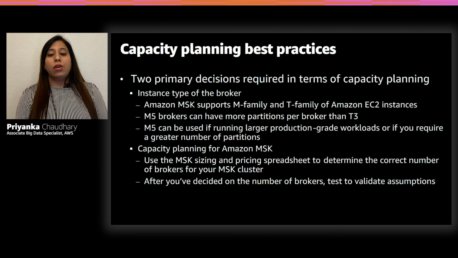Those two can be calculated easily with the help of the MSK sizing and pricing spreadsheet. After you have decided on the number of brokers, you can test to validate assumptions. The spreadsheet gives you the estimate of the number of brokers and the instance type, and you need to test it and validate your assumption before moving forward to production workloads.